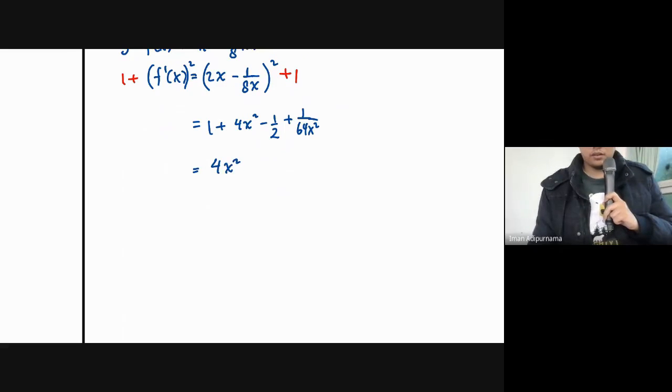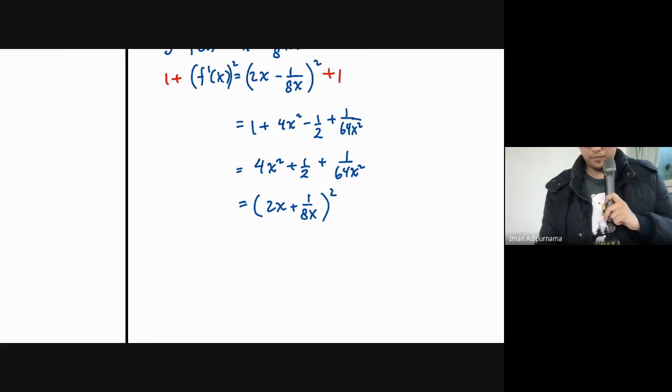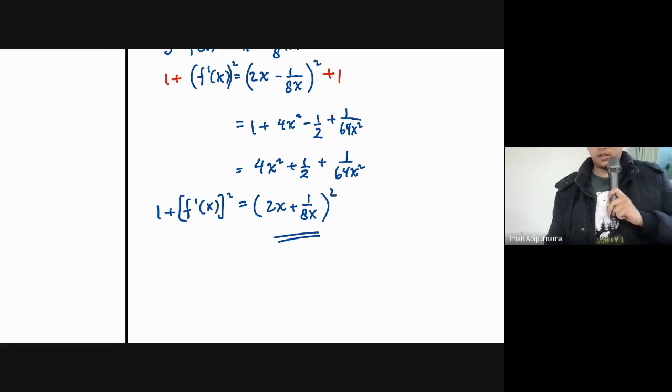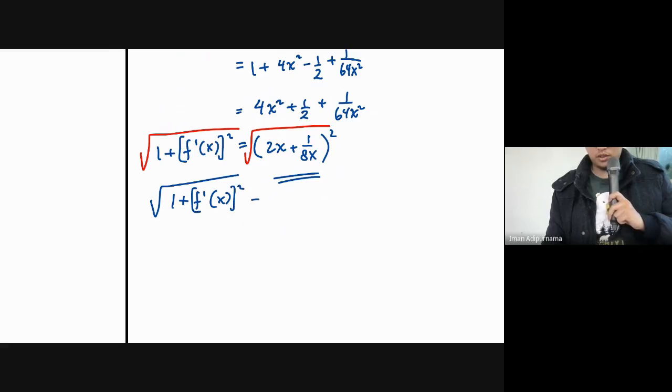We have this form now, and we can make it into the standard form of the quadratic formula. And we get this, so this is 1 plus f prime of x squared. Now what we need to do is take the square root. The square root of 1 plus f prime x squared is 2x plus.